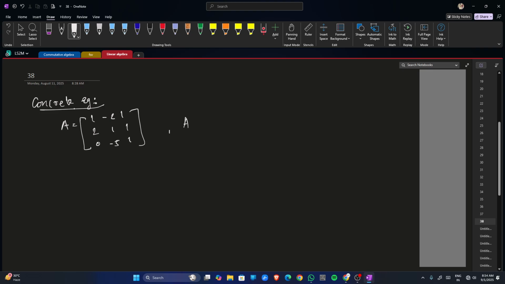Then A prime is 1 minus 2 1, 2 1 1, 0 minus 5 1 with b1, b2, b3 as the last column.